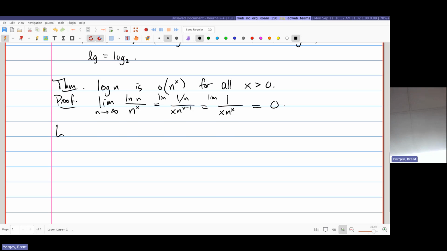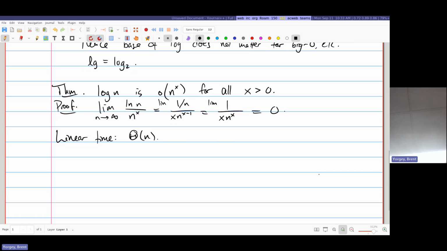Cool. Next, let's talk about linear time. This is theta of n. If I have an algorithm that takes linear time, the biggest n that I can process in about a second, according to that rule of thumb, is about 100 million.